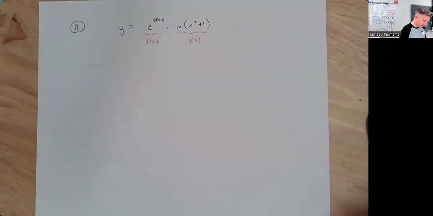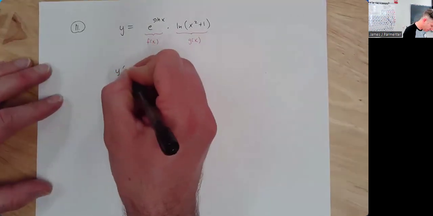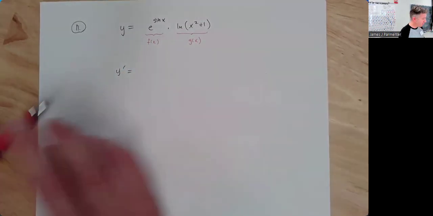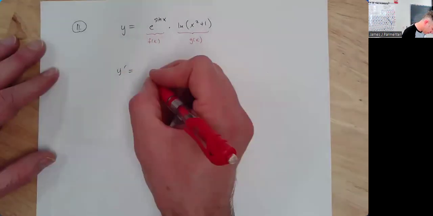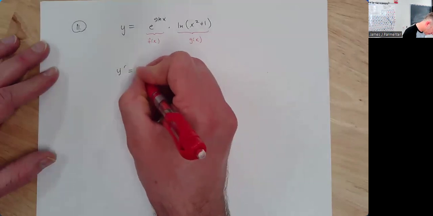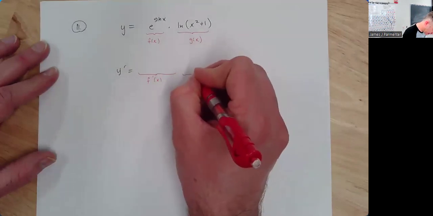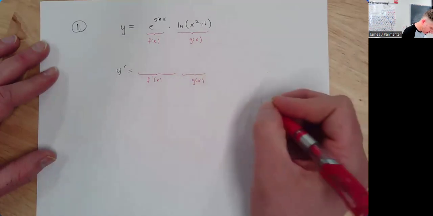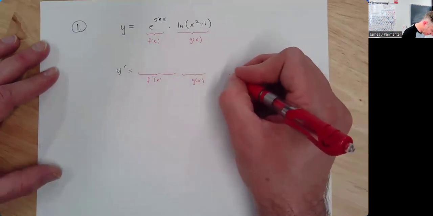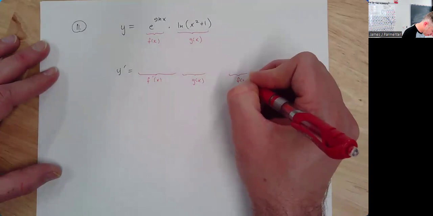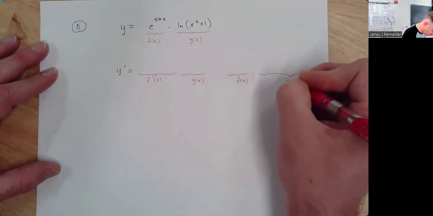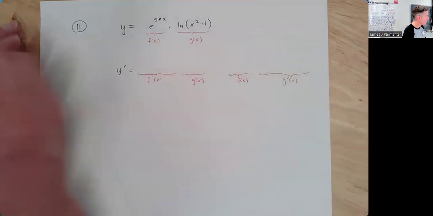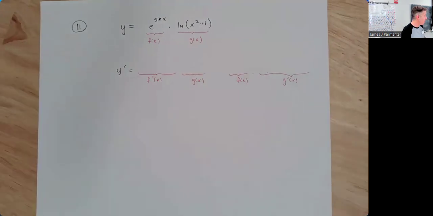And I know that if I want to find the derivative, it's going to be equal to the derivative of f of x times my g of x left alone, plus my f of x left alone times the derivative of my g of x. We don't need to write that out, but it might help us see it.